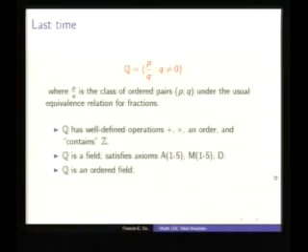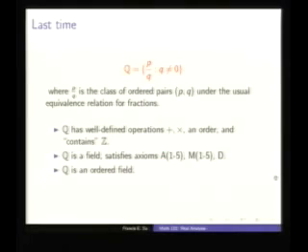Okay, and we saw that, in fact, the rationals not only have an order, and are a field, but they're an ordered field, which, in addition to those two things, means what? That the order and the field operations need to what? Play nice with each other, right?